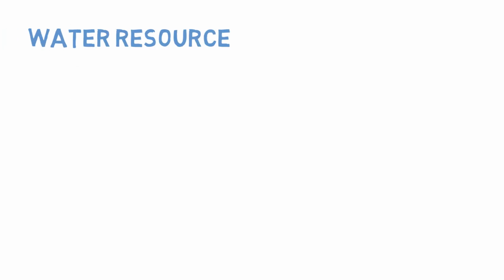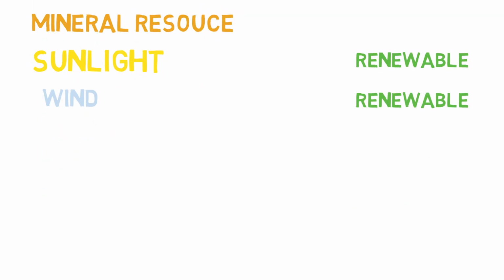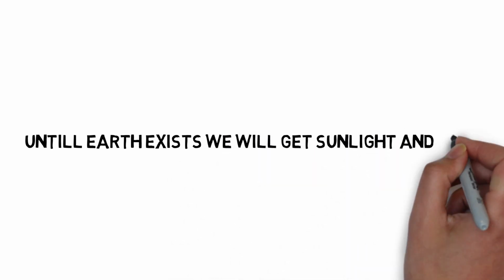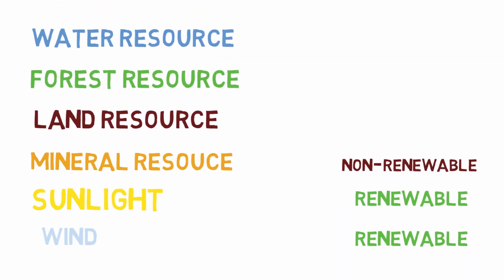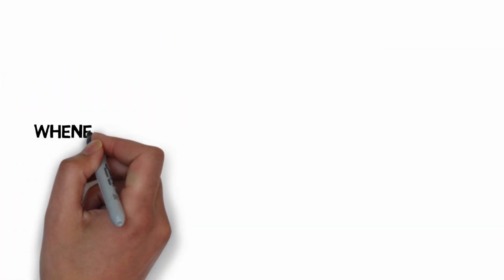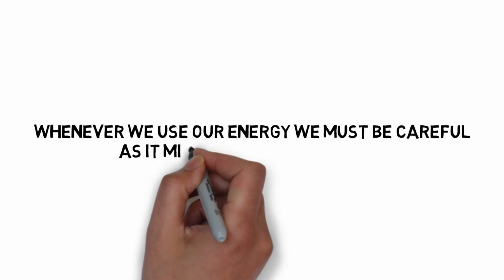So among these 6 natural resources, wind and sunlight are mainly the renewable resource. That means until earth exists, we will get that wind and sunlight energy. But non-renewable resources like the mineral resource, coal, oil and natural gas cannot be replaced for millions of years once they have been used up. So whenever we use our energy, we should be very careful that it may be finished one day.